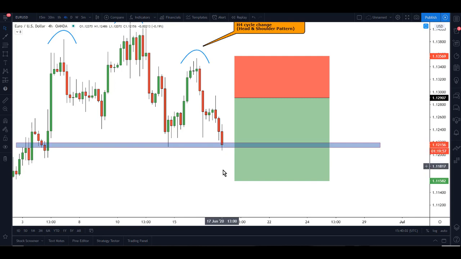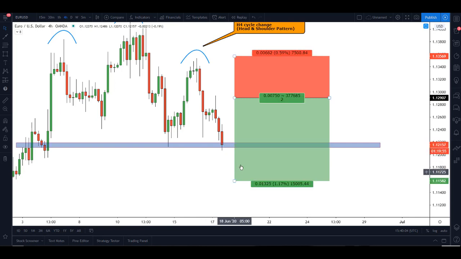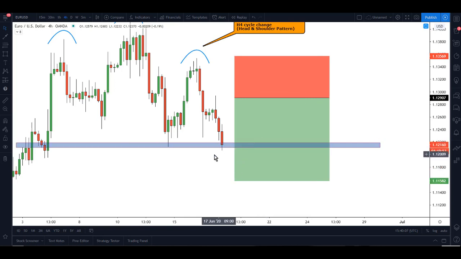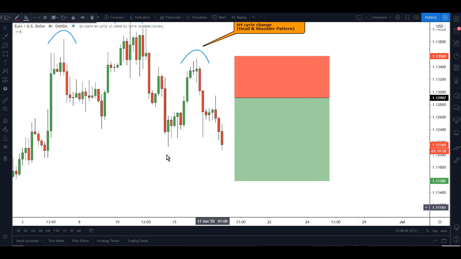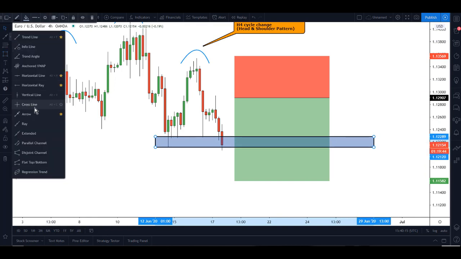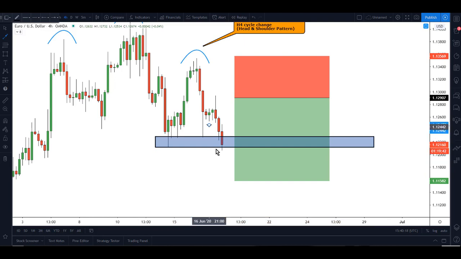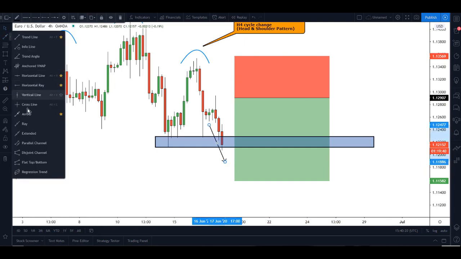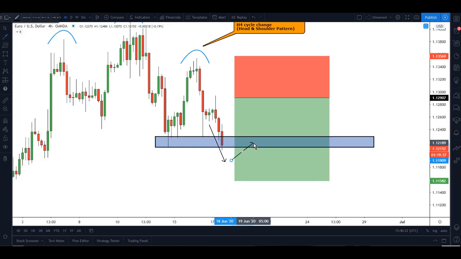So we're looking for price to break and close below this zone, retest, and then you'll be looking for price to come back somewhere around this level, and then a rejection. So you're looking for that to carry on down. Then you're looking for price to come back into the zone.